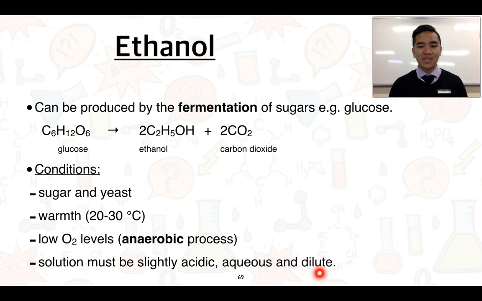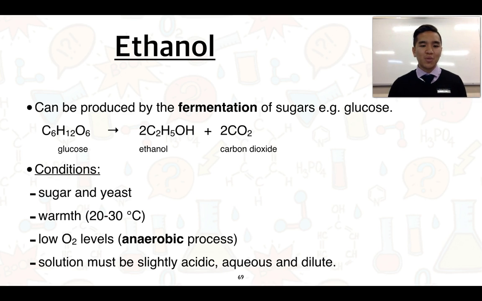And the solution itself must be dilute. When the concentration of ethanol gets too high, it actually renders the yeast ineffective and they essentially die. And it works out that ethanol through this process can only be produced up to about a 10 to 15% concentration. Once it gets to that, the yeast themselves die.